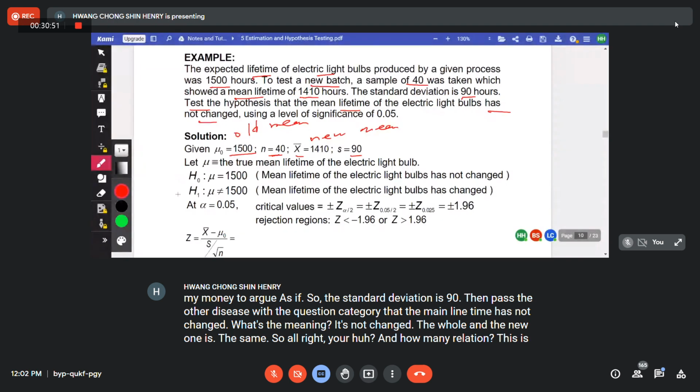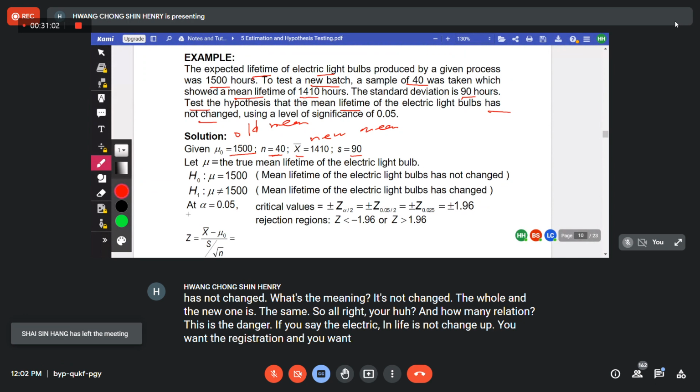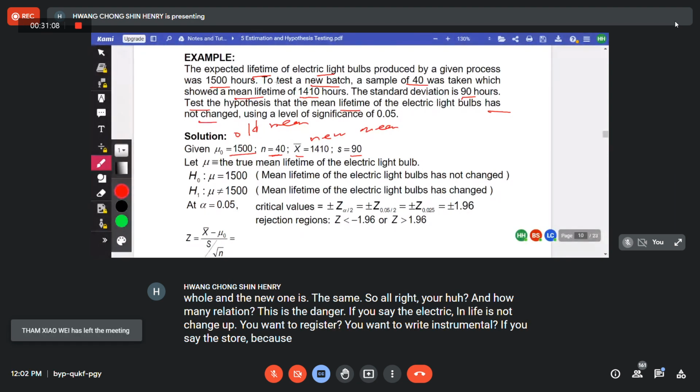This is the danger. If you say the electric bulb mean life has not changed, do you want to write H1 or H0?